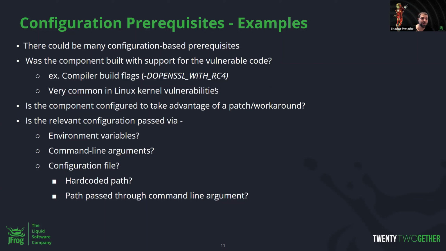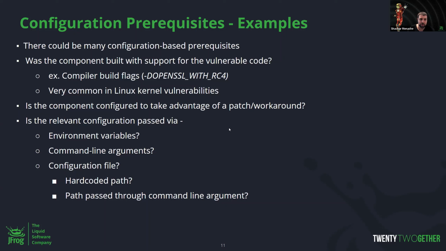Like you give a configuration in compile time, whether to include the code that has the vulnerability. For example, OpenSSL has 1 million config options to support different protocols. It might be that OpenSSL wasn't even compiled with the vulnerable code. So that's one way. It's also very common in Linux kernel vulnerabilities because it's very modular. Sometimes there's a patch or a workaround, but the component isn't configured to take advantage of that.